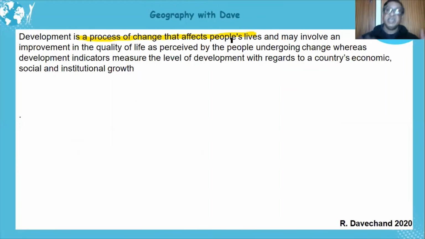Now watch a word, whereas, because you want a differentiation. Development indicators measure the level of development to a country's economic and social and institutional growth. Can you see it? I must have that whereas, because it's showing a comparison. Don't do them separately. Maybe the markers will give you, but why take a chance, learners? Show a comparison. That's what I want to demonstrate to you.